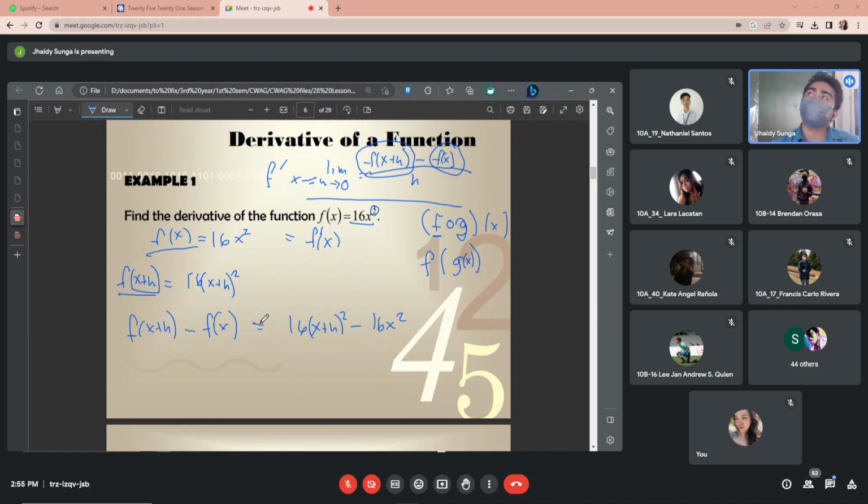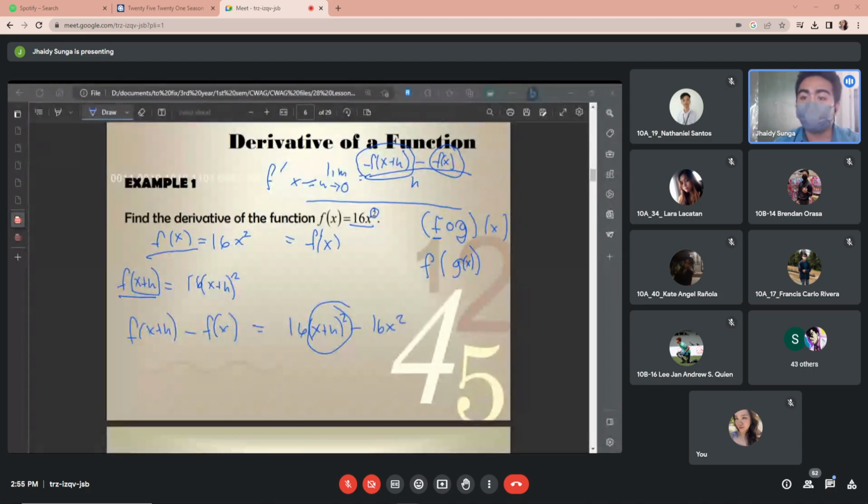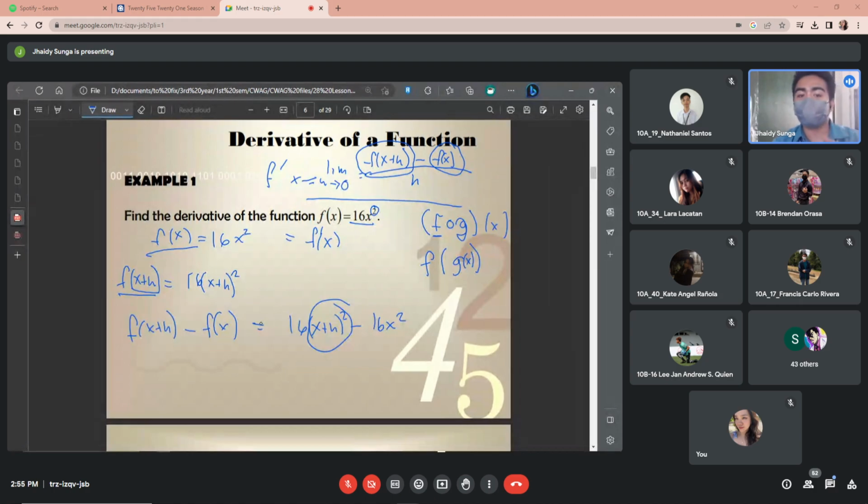That's why I am showing this process so that you'll understand also. Because if I'll just present all the process, I could easily give the PPT, right? So in that case, remember you still have this x plus h squared. What you need to do, not to substitute because we already substituted it, is to FOIL it out.